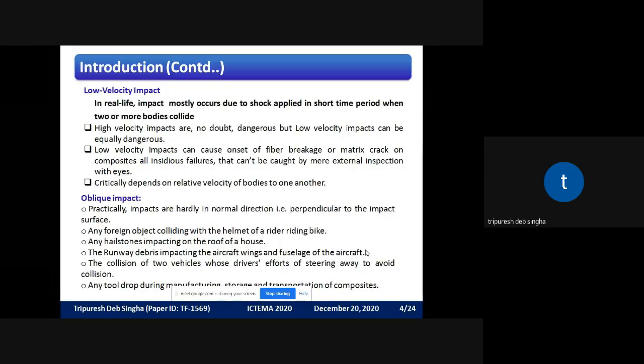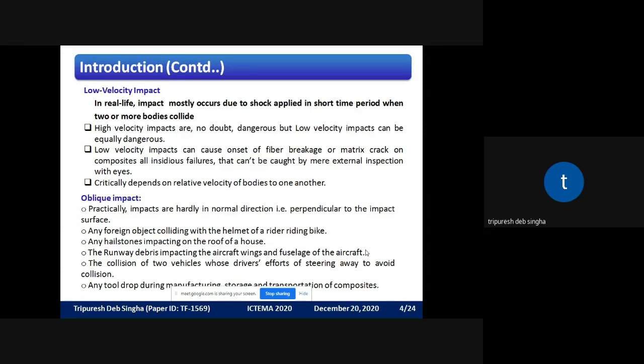The impact may be normal impact or oblique impact. Generally, oblique impacts are more common. It is not always possible that the impact on a surface is at 90 degrees to the surface.